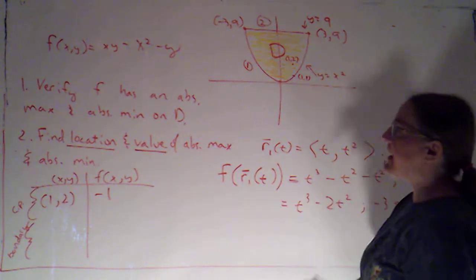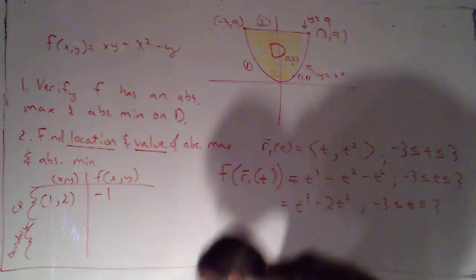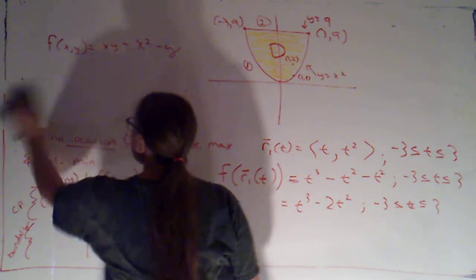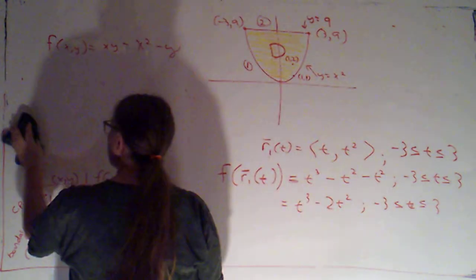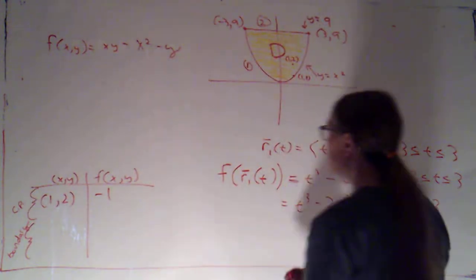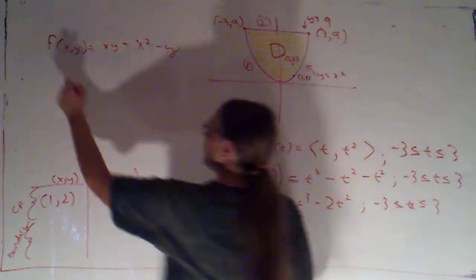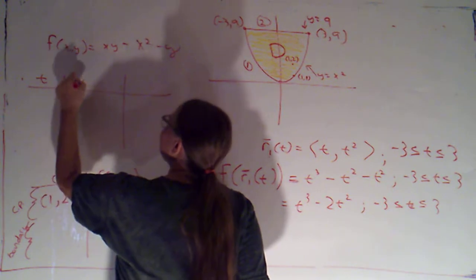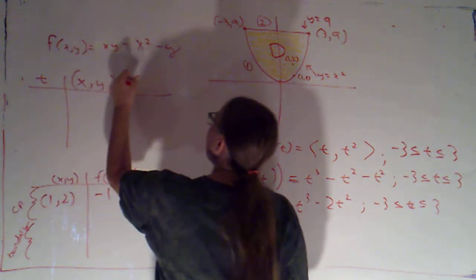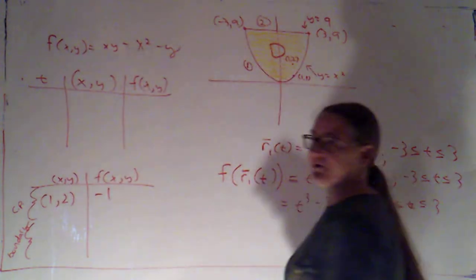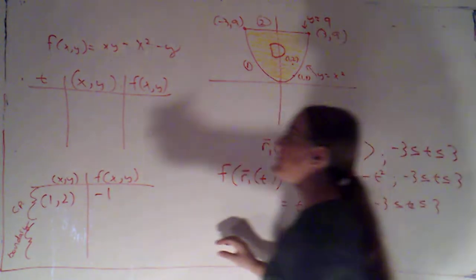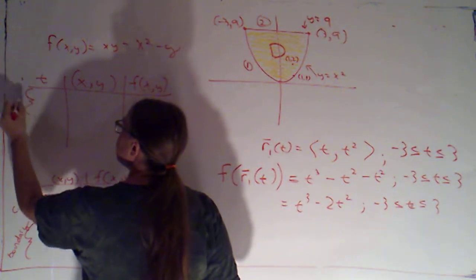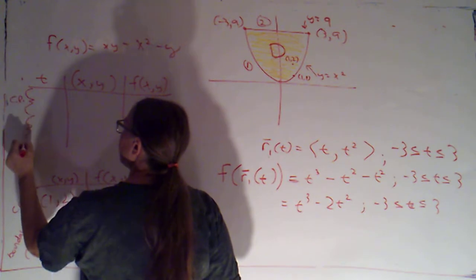I'm actually going to create a separate table of values just for this boundary curve, and that's because I've got some more information for this curve. I'm going to have a t value, and then an xy value, and then an f of xy value. And here, I know that I want to check critical points and endpoints.